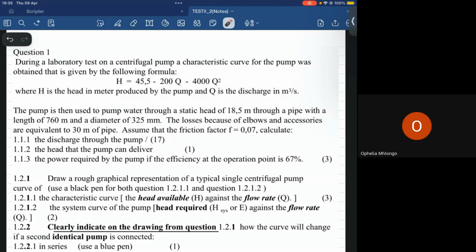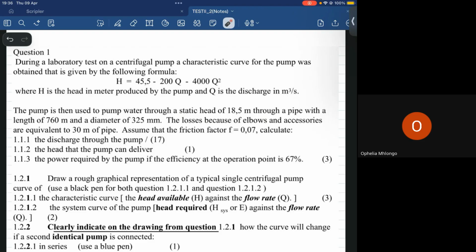And then here they're saying that the pump is used to pump water through a static head of 18.5 meters. Static head is the change in elevations, through a pipe with a length of 760 meters and a diameter of 325 millimeters.